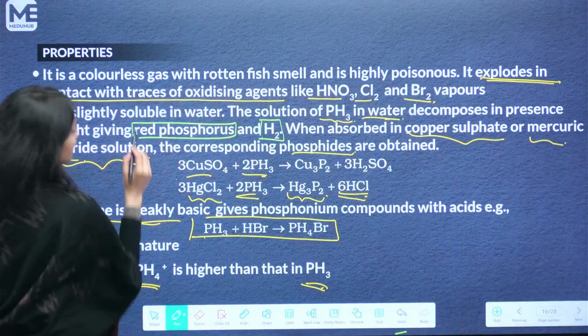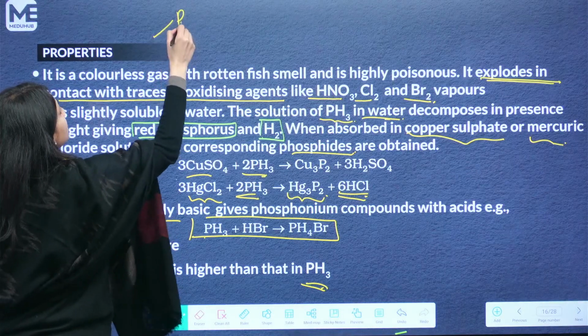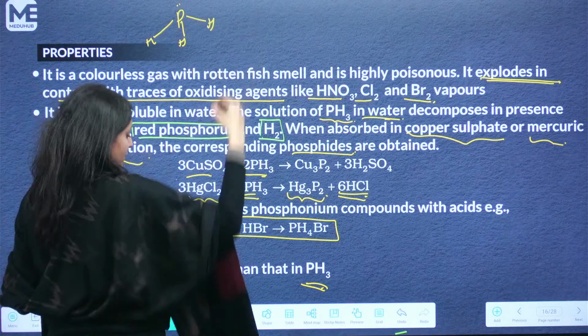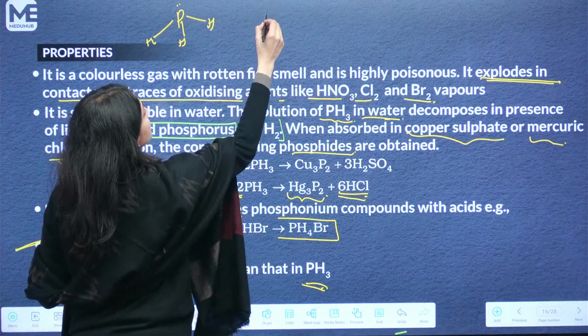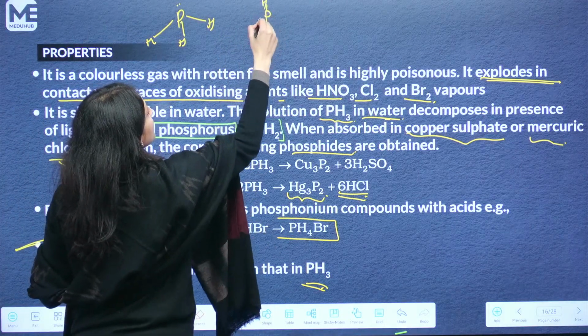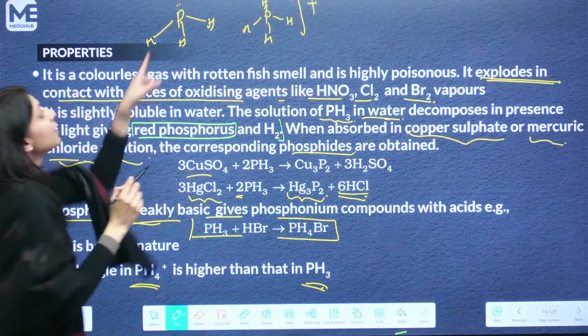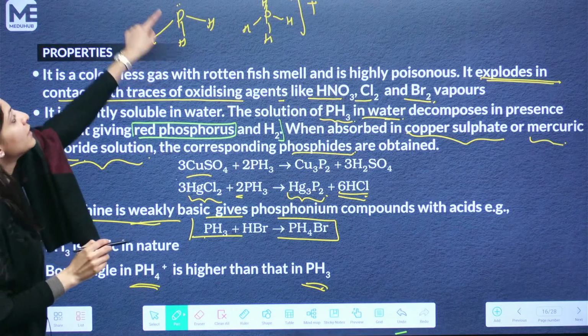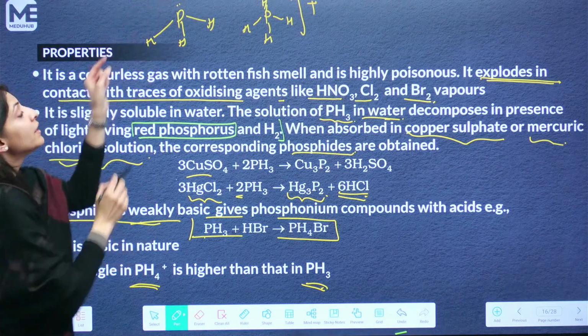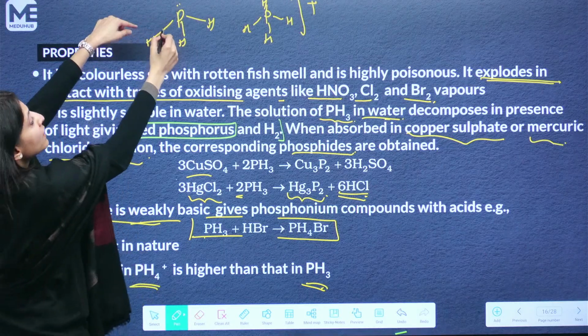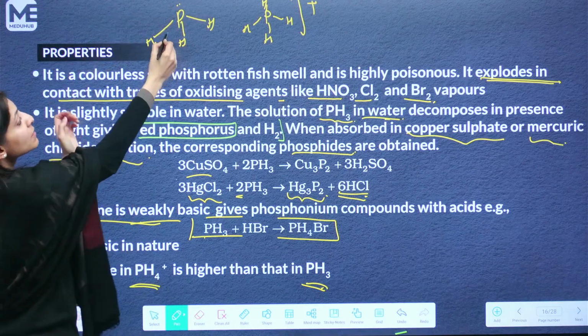So if we draw the structure, और इसके अंदर PH4 plus, one of the positions in phosphine is occupied by a lone pair. इस lone pair से, because of the repulsions between the lone pair and the bond pair, these angles contract and they become small.